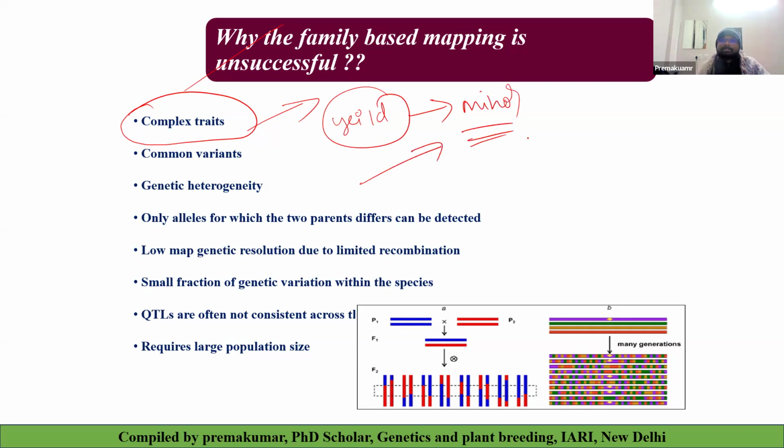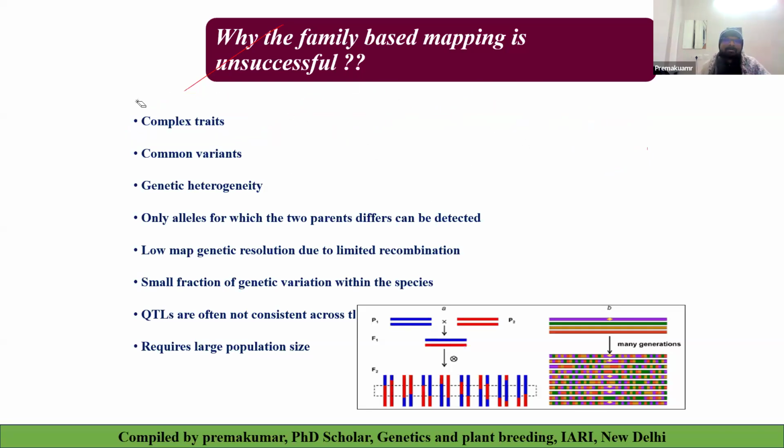To map these many minor genes, we need a very high resolution map, and for a high resolution map, we need a larger population, which is laborious to do. That's why QTL mapping is not that useful for complex traits, and we need another approach called association mapping.